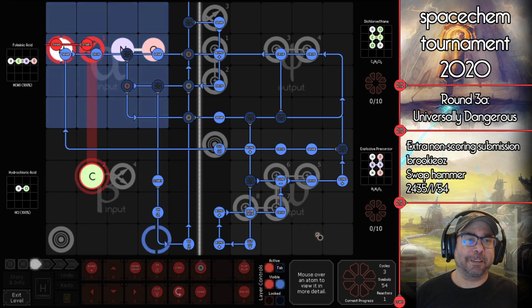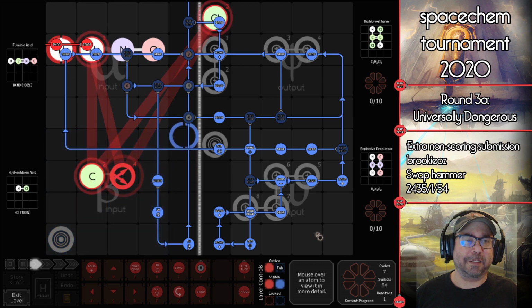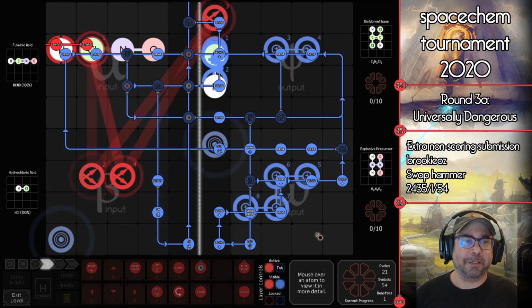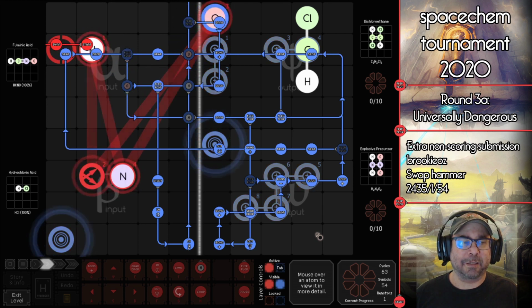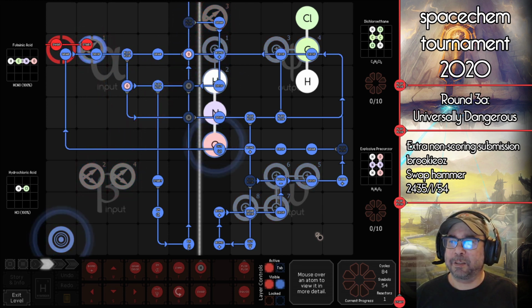I would like to showcase this one because this is actually the lowest symbol swap hammer solution submitted this week.